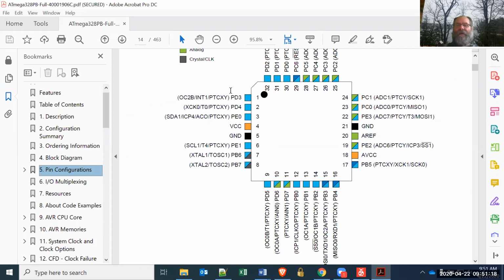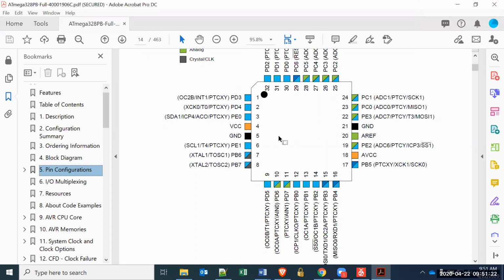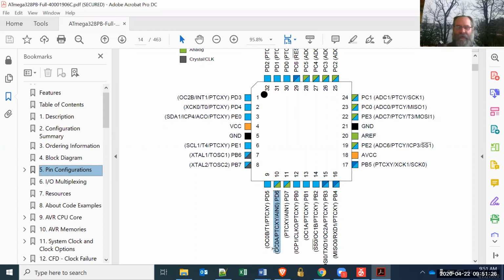The red LED is on D6. Let's look at D6. Note that among the functions that D6 shares, besides just a general purpose IO pin, is OC0A. Okay, keep that in mind.